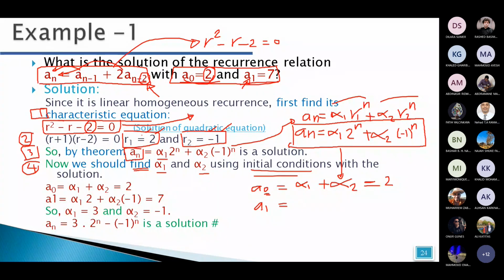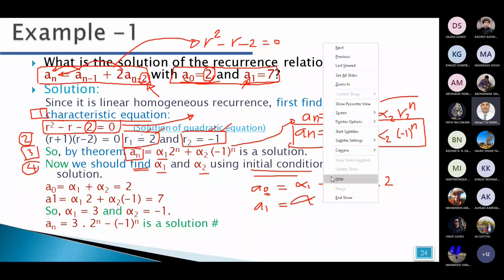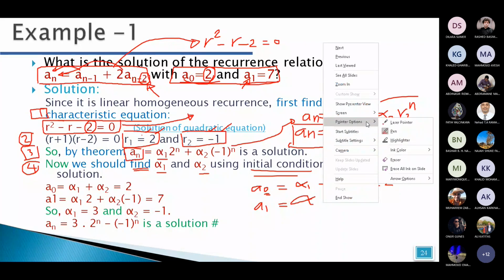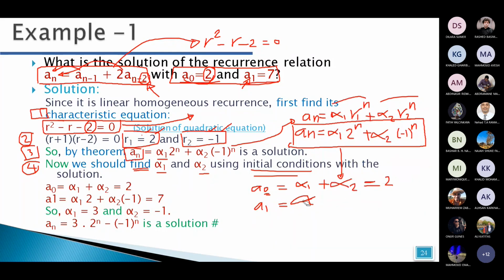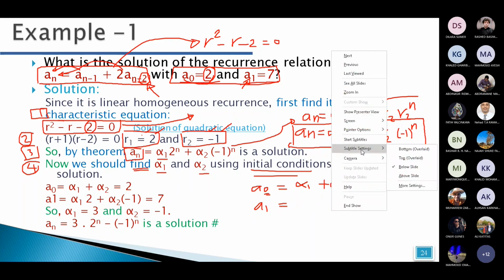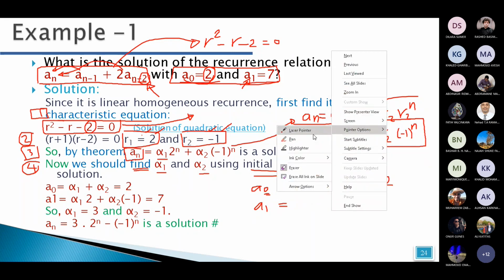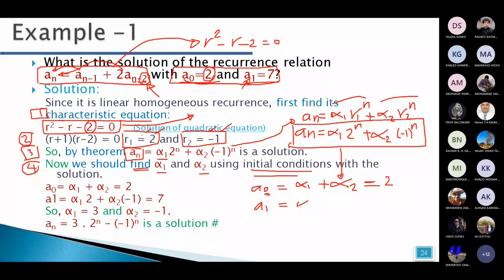A1, so instead of n, take 1. So alpha 1 multiplied by 2 power 1, so 2 alpha 1.